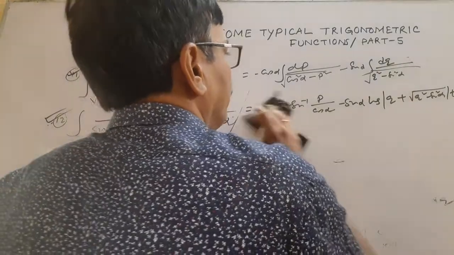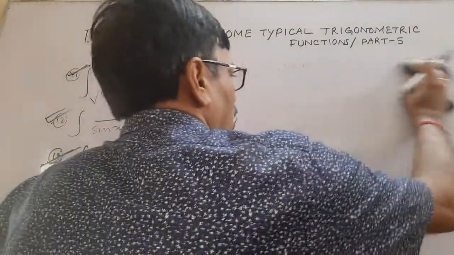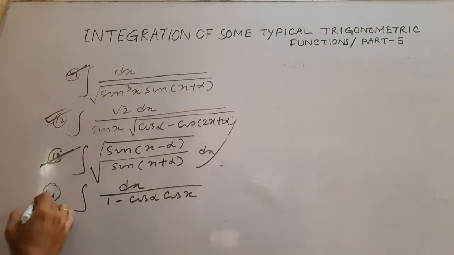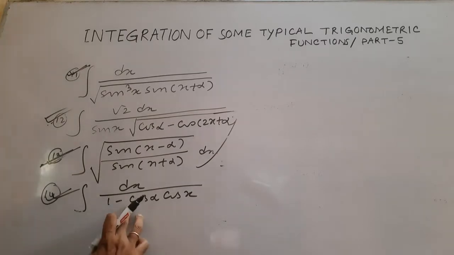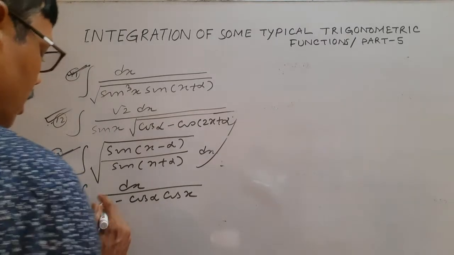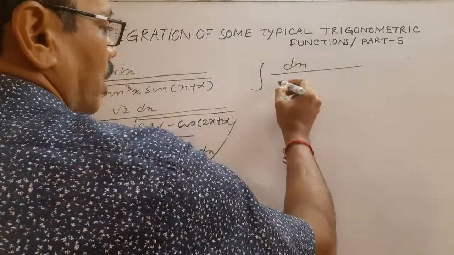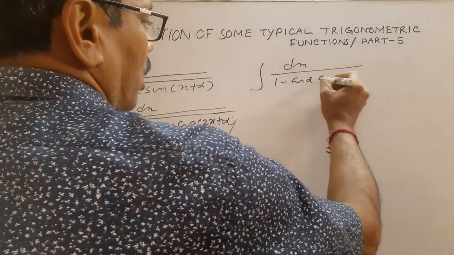Now the last one. We have already solved this problem in a previous class. Here it is cos alpha only. So dx by a plus b cos x, where b is here cos alpha.